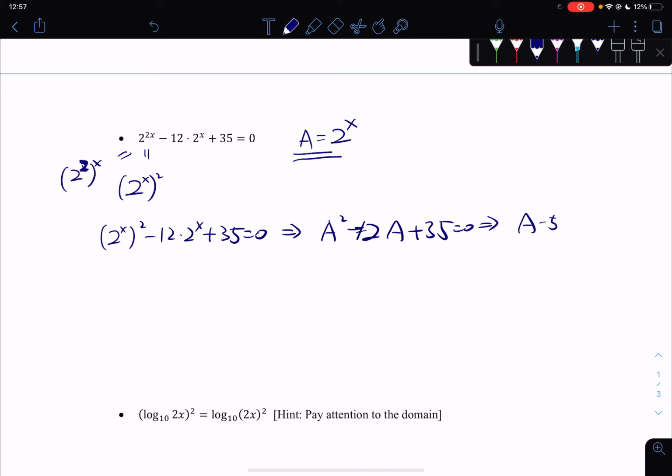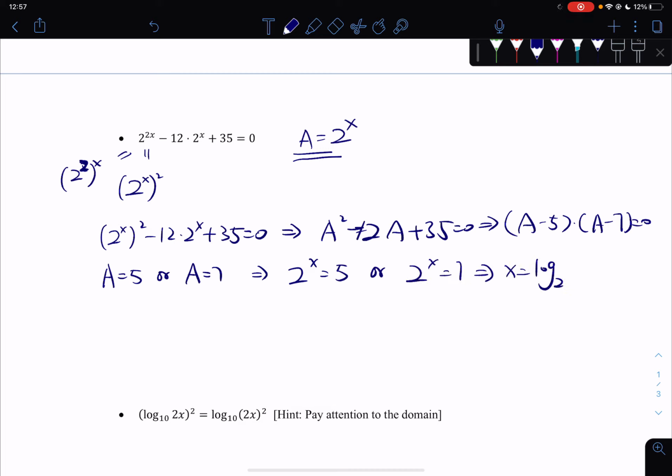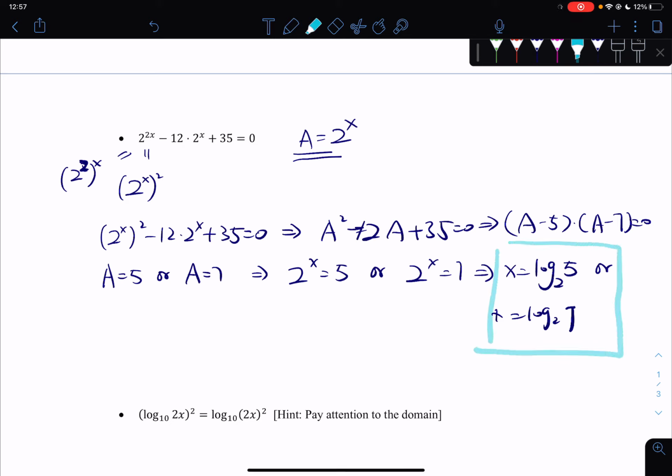In other words, (a minus 5)(a minus 7) equals 0. So a is 5 or a is 7, but you know a is 2 to the x, so 2 to the x is 5, or 2 to the x is 7, therefore x is log 2 of 5, or x is log 2 of 7, both of which can be evaluated and must be the answer to my previous problem. It's crucial for you to tell me what exactly is your assumed structure here. It's not okay to simply forget about this piece and directly write down the new formulation without telling me what you meant by A, okay? So it's crucial to define it first.